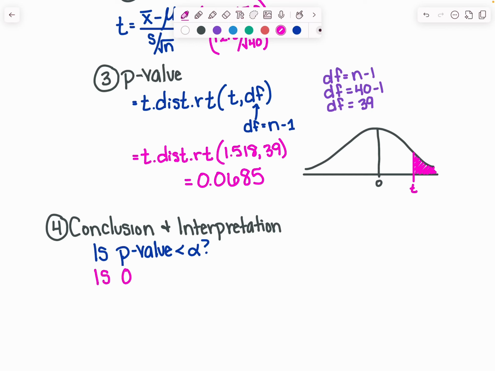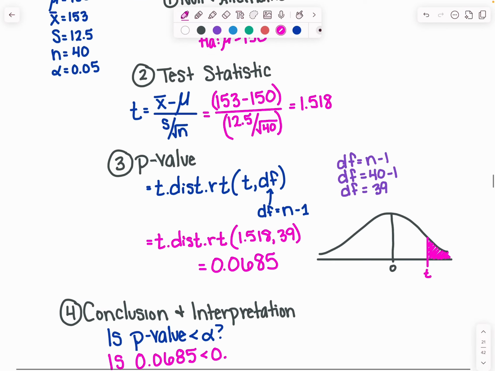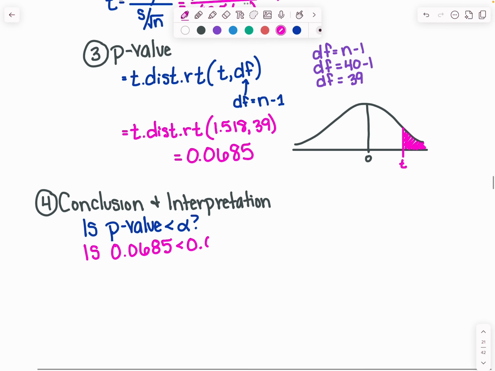So is 0.0685 less than, what was our alpha? 0.05. We want to ask, is it less than, because we want to know, are these results extreme? Are they too small to be plausible? We've already done the right-tailed bit in the probability calculation. That part's done.